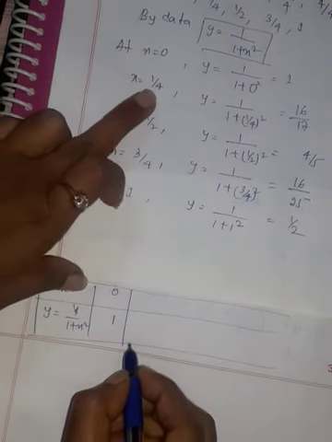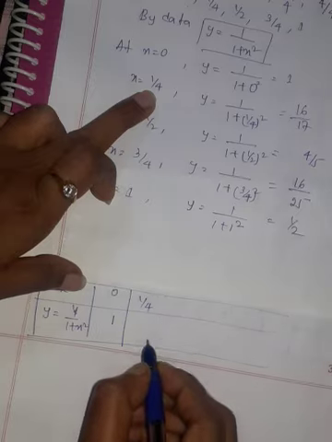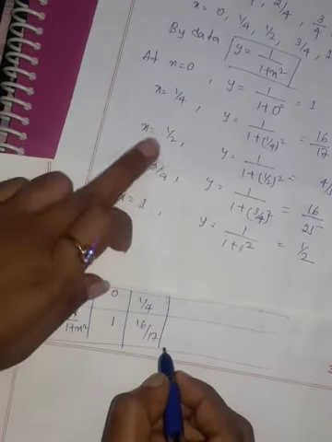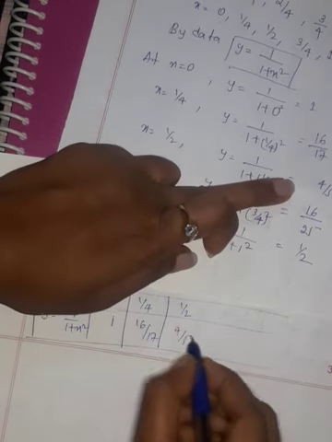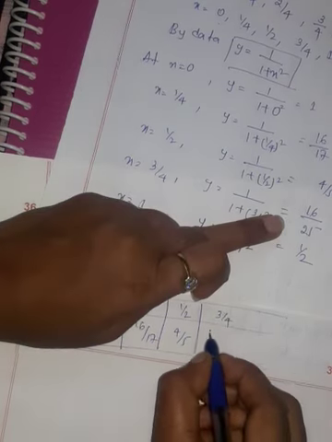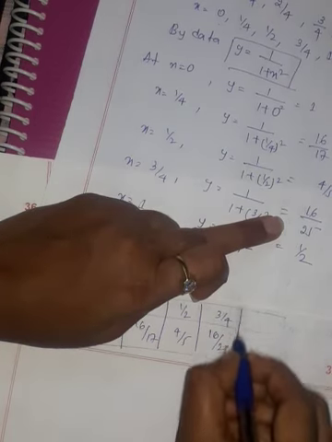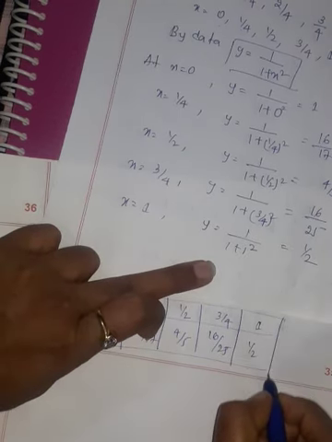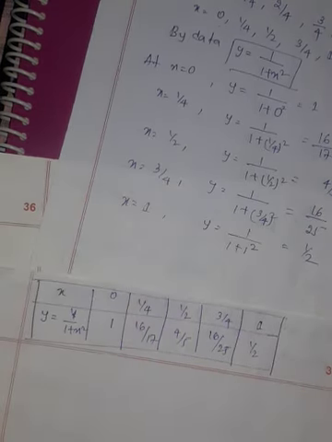Next, for x equal to 1 by 4, y is 16 by 17. For x equal to 1 by 2, y is 4 by 5. For x equal to 3 by 4, y is 16 by 25. For x equal to 1, y is 1 by 2. This is our required table.